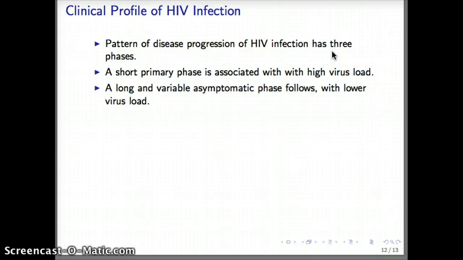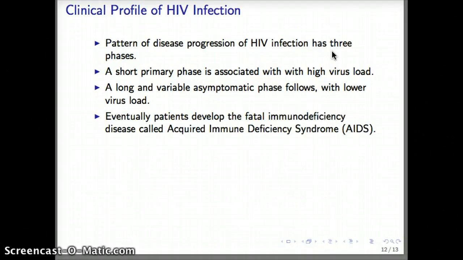The next phase is a long and variable phase. This is called an asymptomatic phase, and it's typical of this period to have a lot less virus, lower amounts of virus load, in phase number 2.